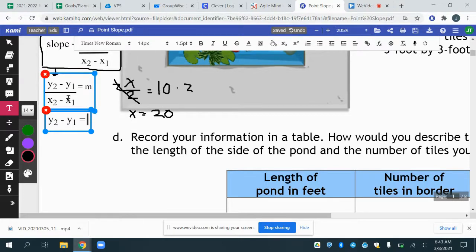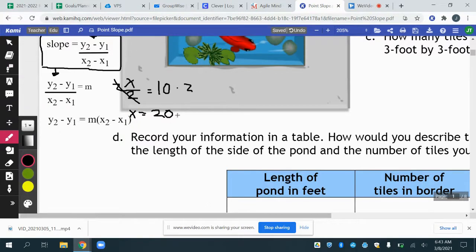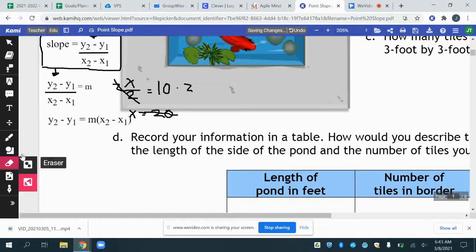Well, now I have m times this whole thing. I don't bother to write it out. I just write x2 minus x1. That right there, my friend, is point slope form.